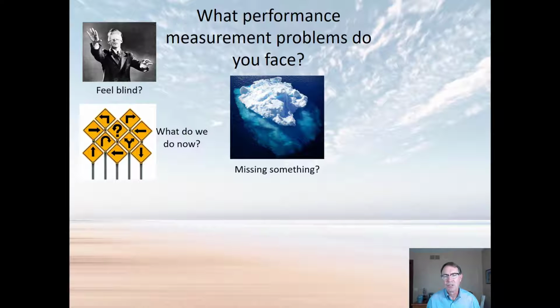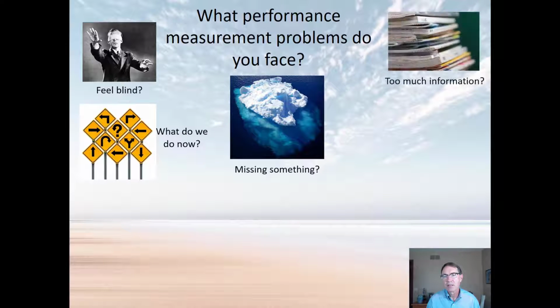So this concern that, are we measuring the right things, and are there important aspects of performance in the organization that we're not keeping tabs on. Another common problem, too much information. Instead of too little and being blind, you may be overwhelmed and not really know what to pay attention to.